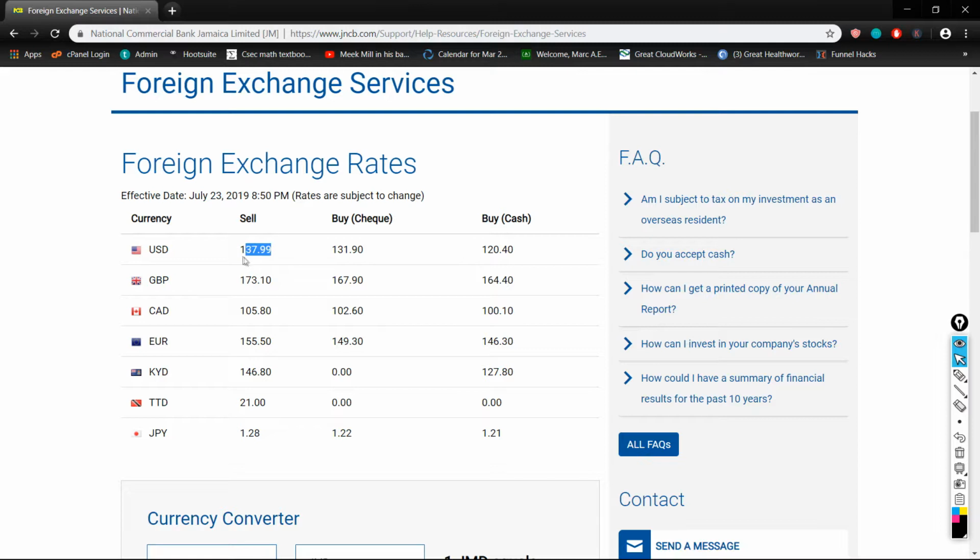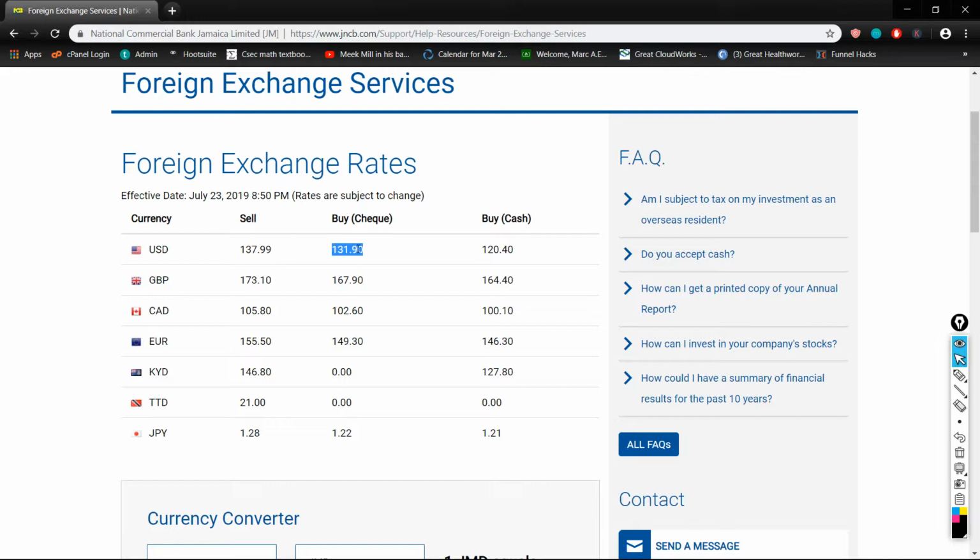So that's the value they're selling it for right now. And if you come in with a check and you actually want to get paid, meaning they are going to buy the US from you, it's 130.190. Right, that really sucks, don't it? But that's just how it goes with the bank.